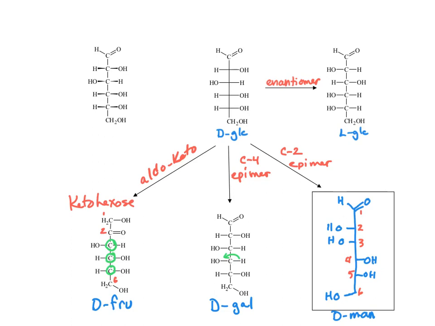It's easy, and these are sugars I expect you to be familiar with. D-glucose, D-fructose, which is simply the keto version of that, D-galactose, which is the C4 epimer, and D-mannose, which is the C2 epimer. Notice how all of these sugars are just derivatives of glucose. In fact, that's what we do in the body.